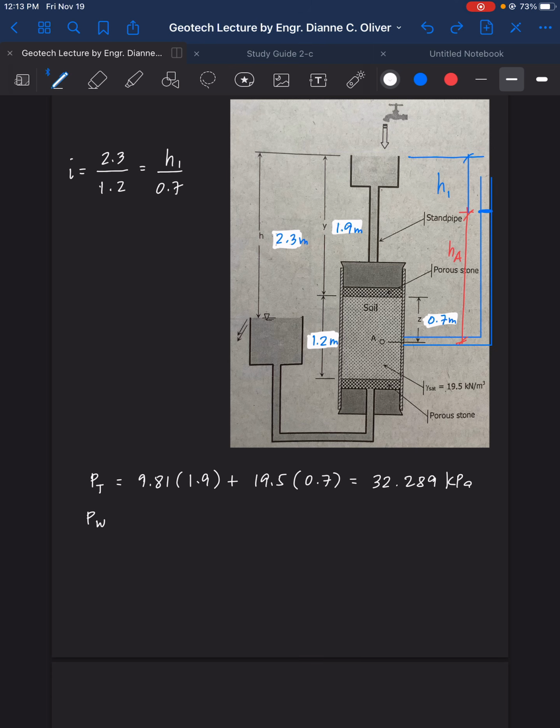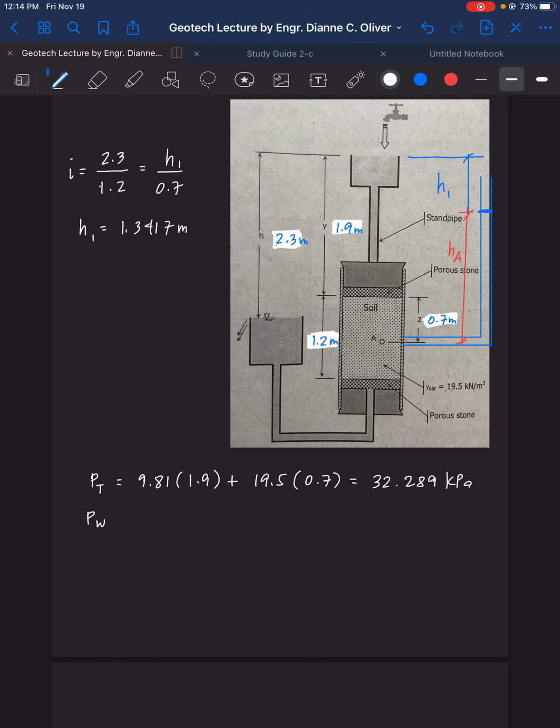So the same is true with H1. The reference point is above also. So H1 is now equal to 2.3 times 0.7 over 1.2, 1.3417.